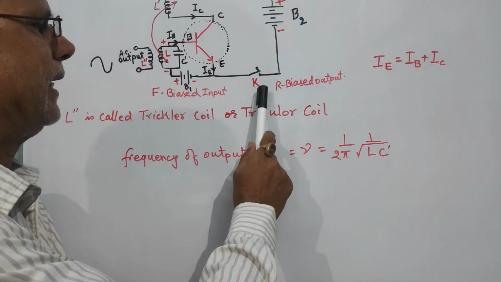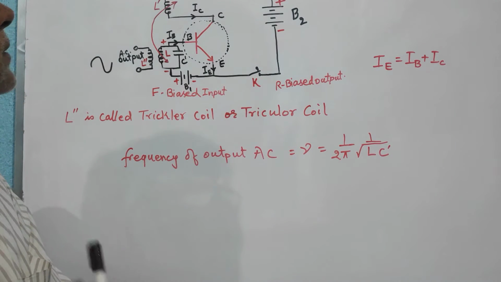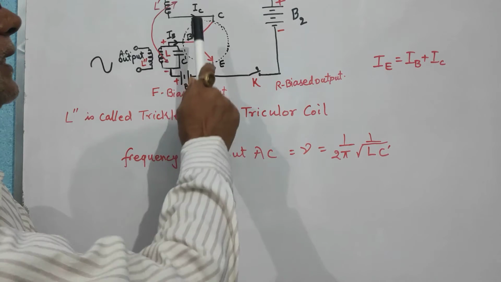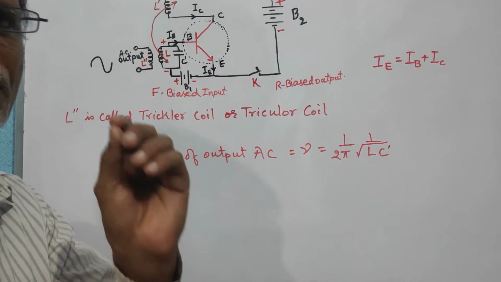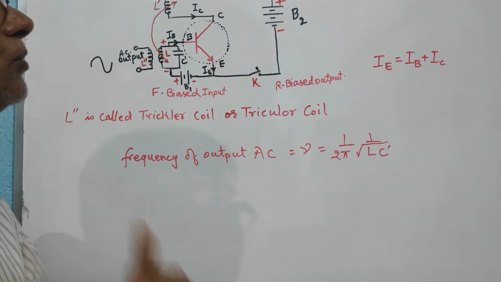Now we start from this point onward. The moment the key K is put on, the collector current starts increasing from its 0 value.